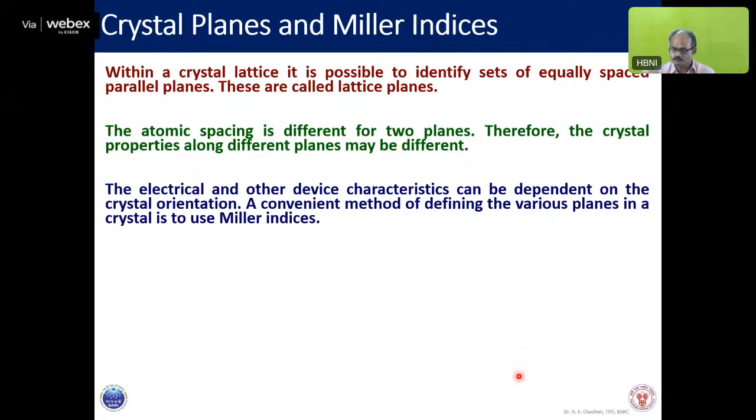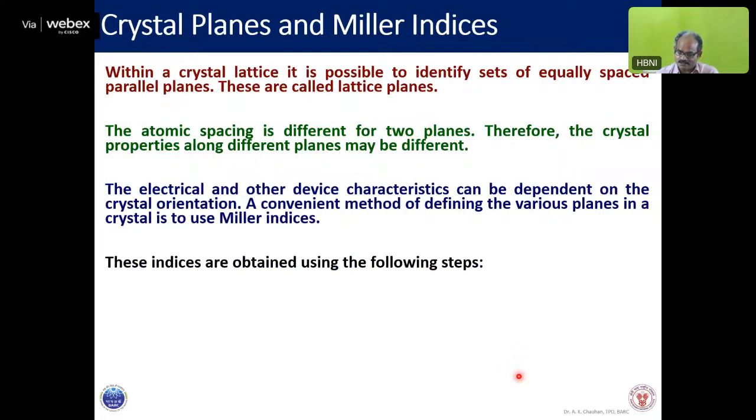So if something is happening there, it doesn't know whether it is a simple cubic or something else. So that is the reason why understanding of planes is very important. The electrical and other device characteristics can be dependent on the crystal orientation.